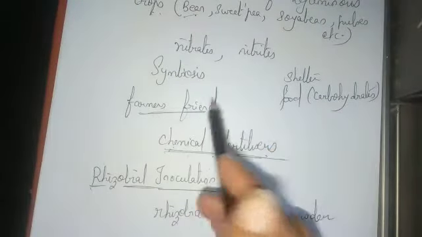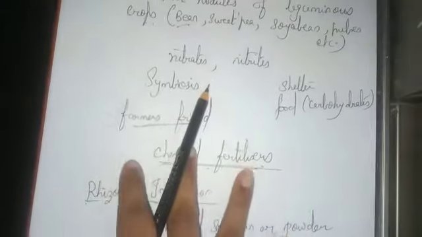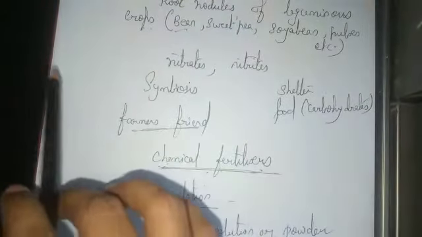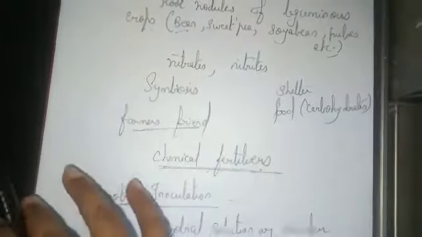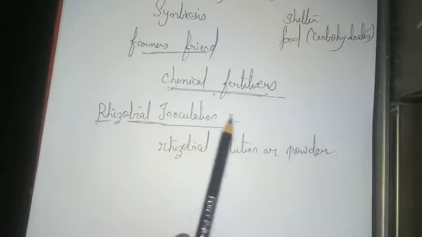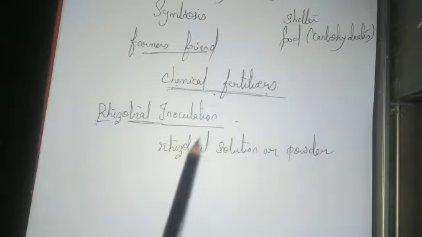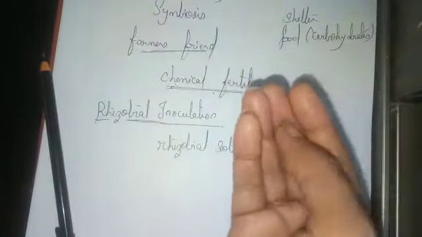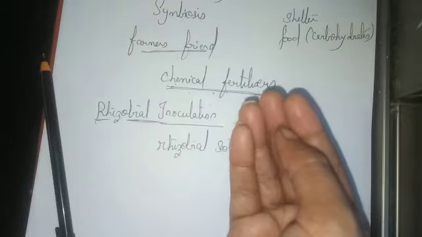So it has become cheaper for the farmers to grow the leguminous crops and to maintain the fertility of the soil. Then you understood what is rhizobial inoculation. It is the artificial method of sowing the seeds with the rhizobium. How are we getting it?